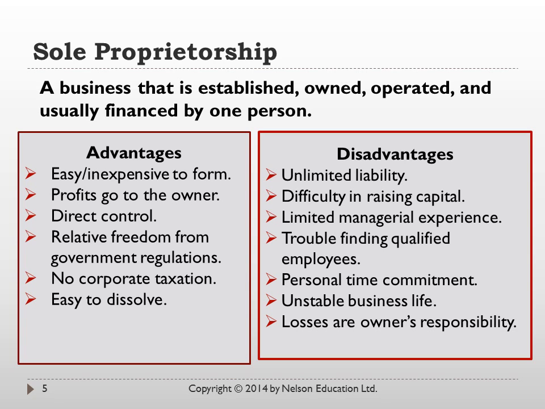That person might be able to get personal loans or bank loans, but there really is one individual responsible for financing the business. So if the business is looking at growing rapidly and needs a large amount of capital, it can be very difficult for a sole owner to raise that capital to expand.